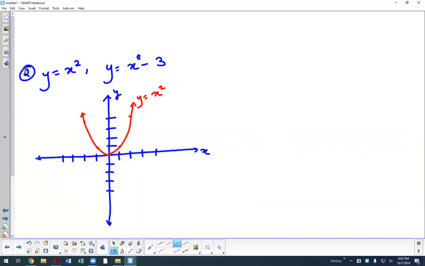Then we had 0, -3, 1, -2, -1, -2. And we had 2, 1, -2, and 1.